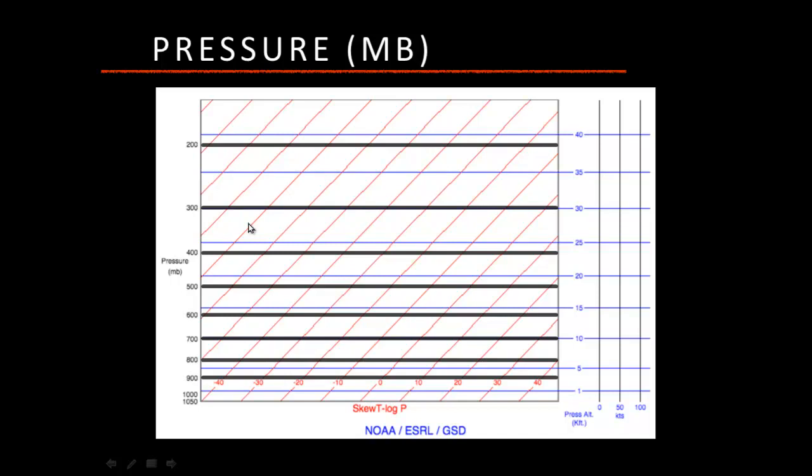That's because the atmosphere is compressible on itself. The lower layers, from like 800 to 900, get squashed more than the upper layers in terms of the weight of the atmosphere. So the pressure drops exponentially, hence the term log P. So now you know why it's called a Skew-T log P diagram.